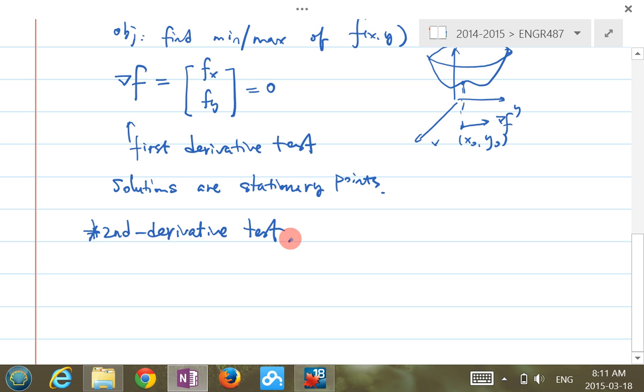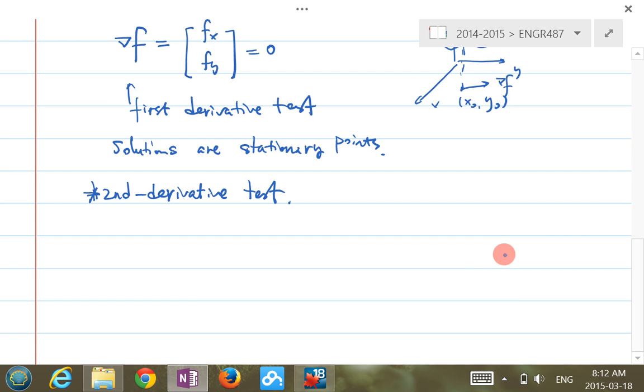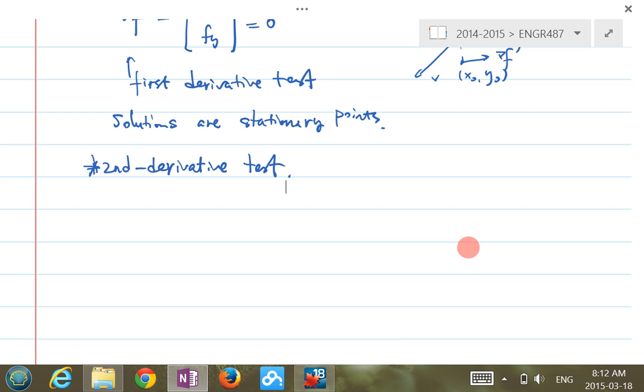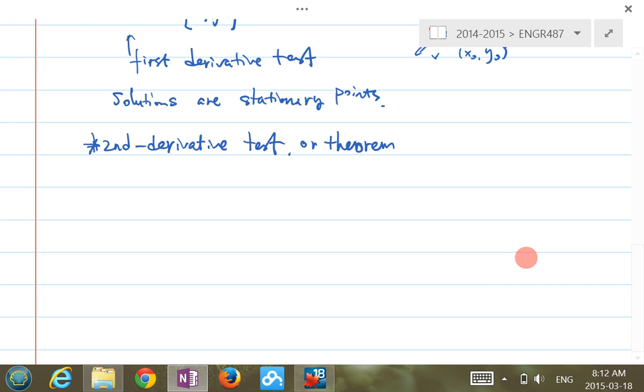There are theories regarding the second derivative test, but I'll give you a sort of non-rigorous proof here, using the Taylor series, as to how the second derivative test or theorem is derived.